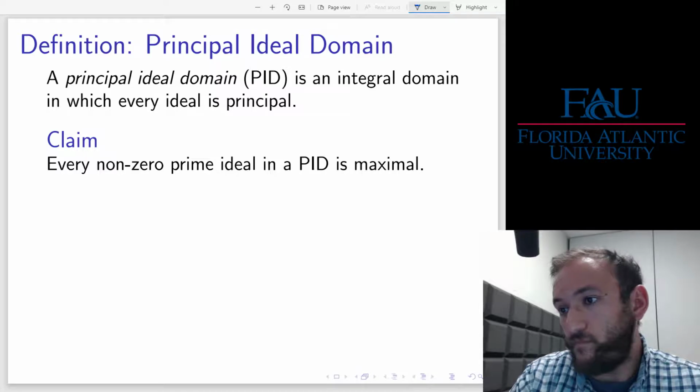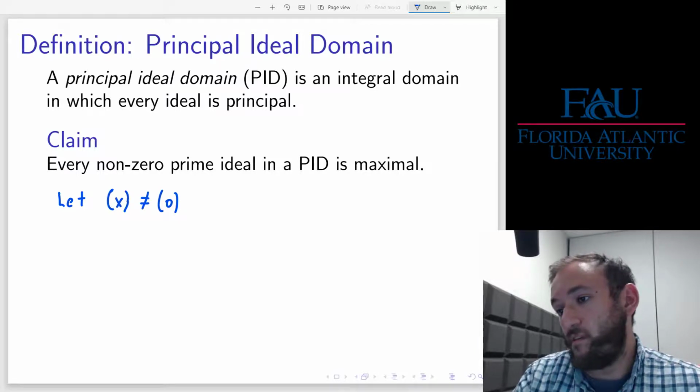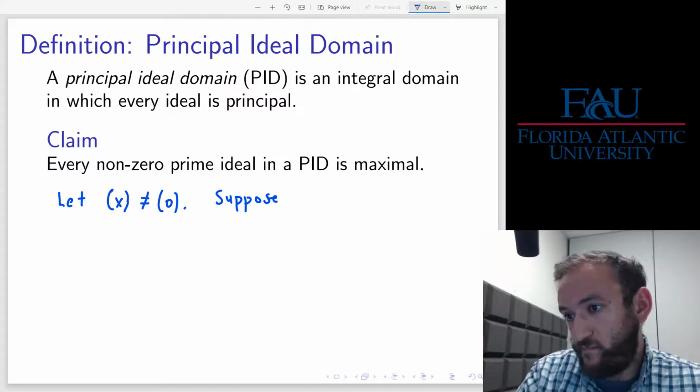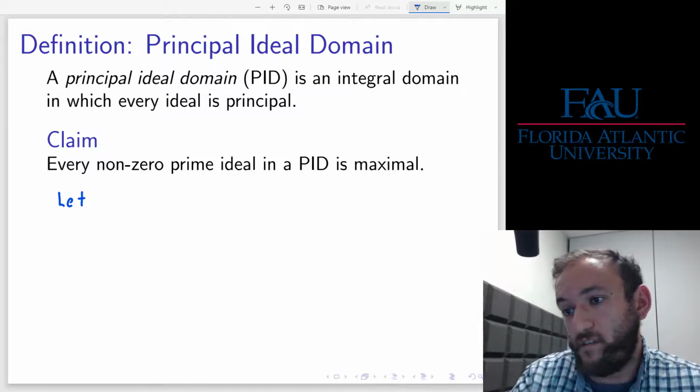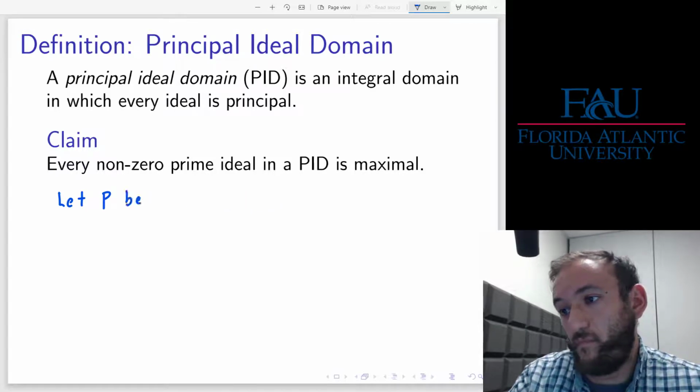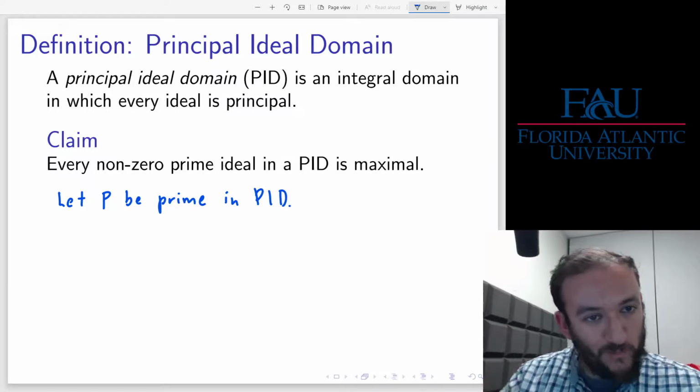So let's show this to be the case. Let's start with P prime. So we'll start with prime and we'll deduce maximal.